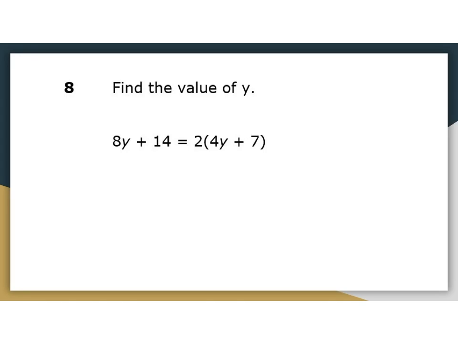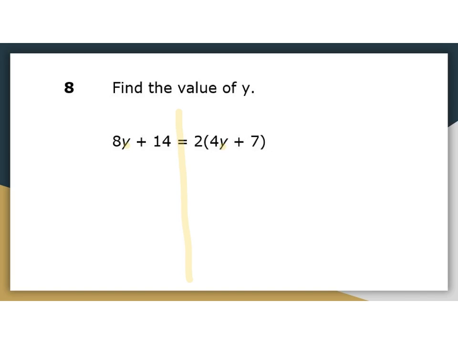Okay, our next problem in solving the equation. Once again, we do have the parentheses, and the variable that we're being asked to solve is present both on the left and on the right. So before we do anything, we have to get those together. We have to get them on the same side.